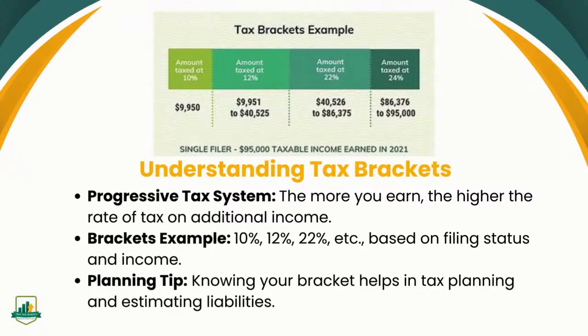Anything over that 9,951 all the way up to 40,525 is going to be taxed at 12%. Anything over 40,526 is taxed at 22%. And then that's going to cap out at 86,363, and that's capped at 24%. If you're going over $95,000, this is what I mean when I say the upper middle class, then you're going to be taxed in the next tax bracket.